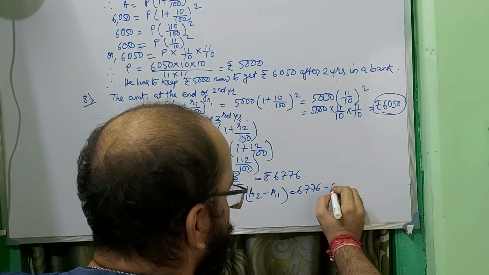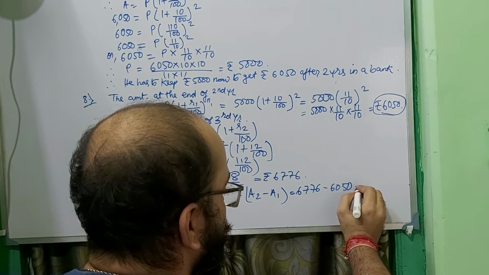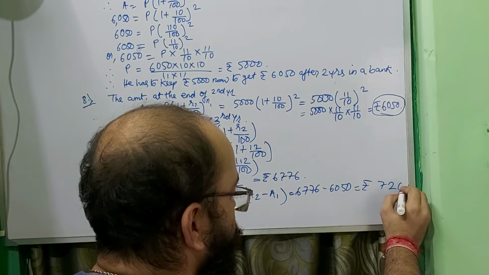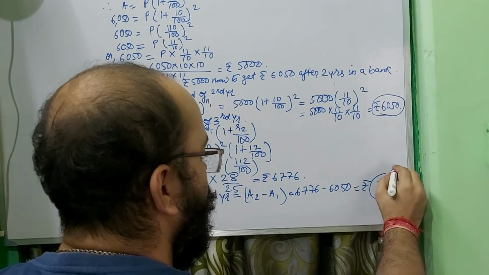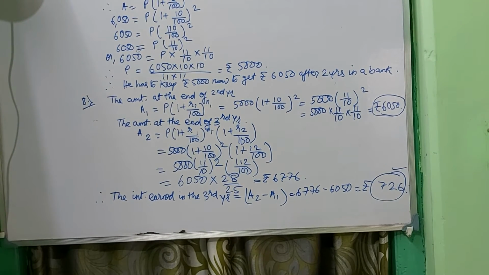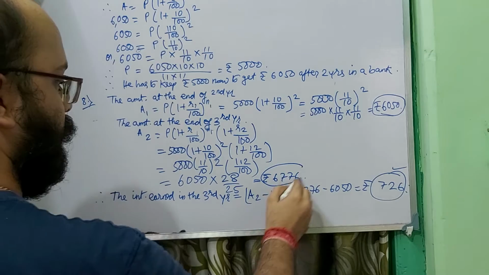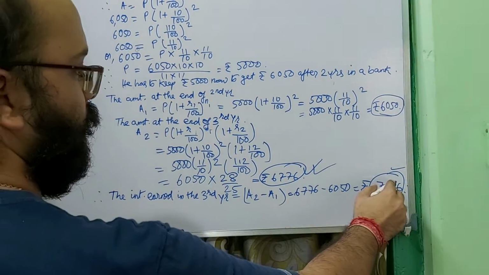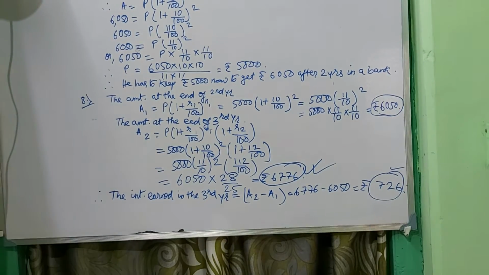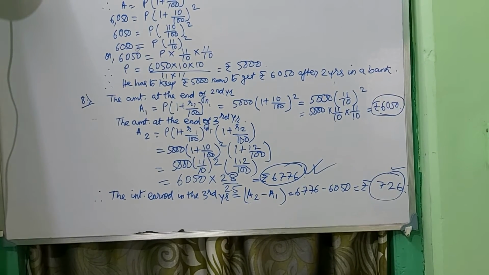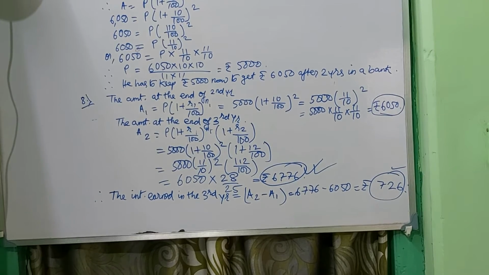You will get rupees 726. This is also the answer. You have two questions. Find the amount at the end of third year. The amount at the end of third year is this one, and the interest at the end of third year is 726. I think these two sums are the homework, and I think these two are clear.